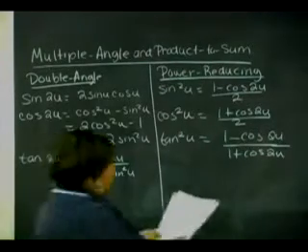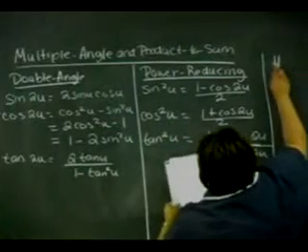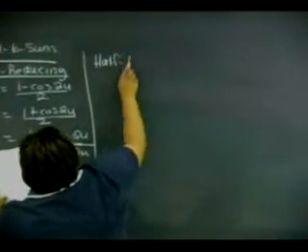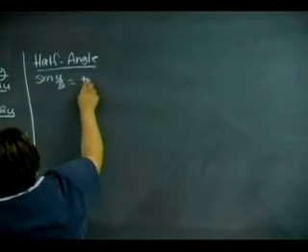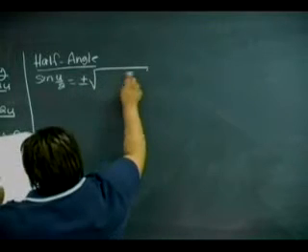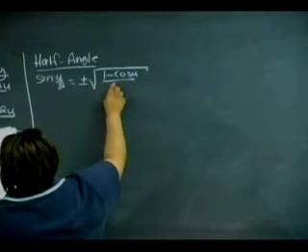We also have half angle formulas. Here, sine of u over 2 is plus or minus the square root of 1 minus cosine u over 2.